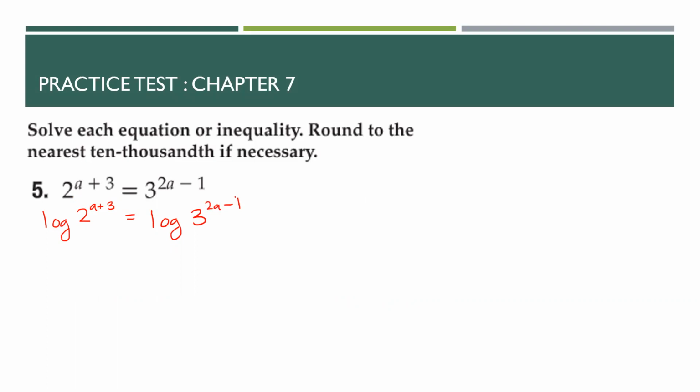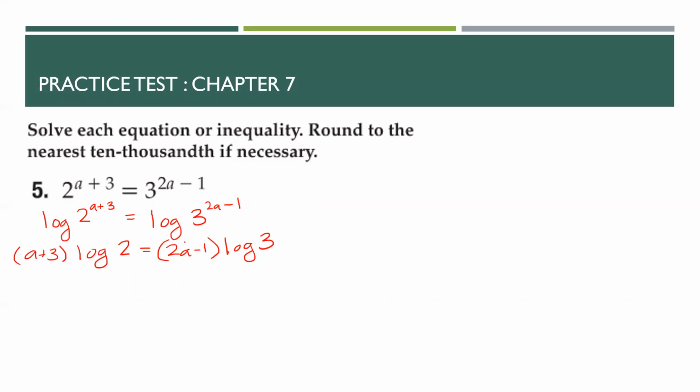And then we're going to apply the power property of logarithms. So this power here, put that in front of our log: a plus 3 times log of 2 is equal to 2a minus 1 times log of 3.